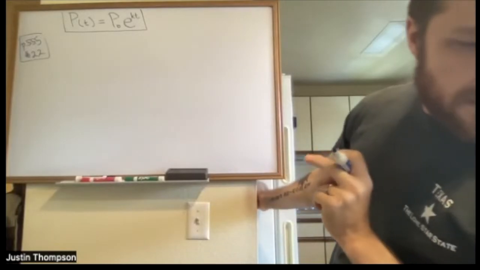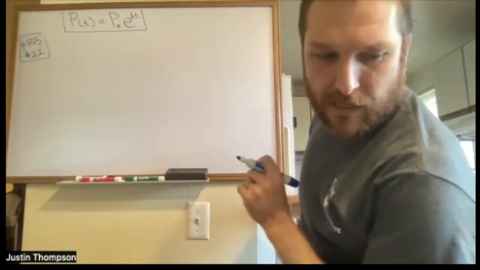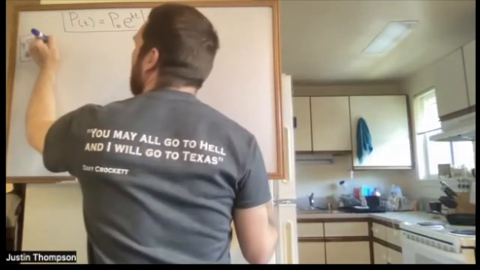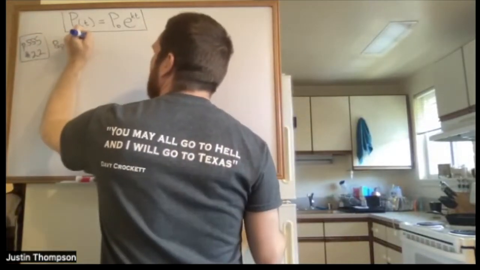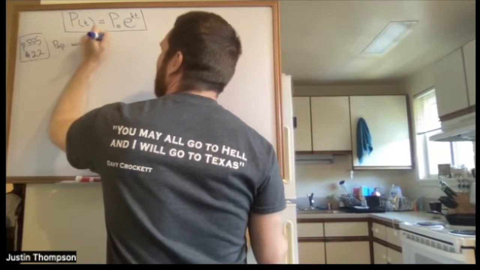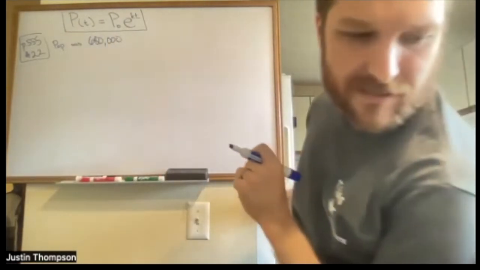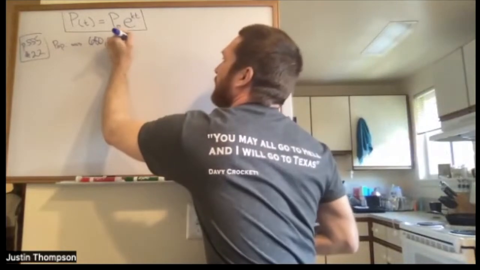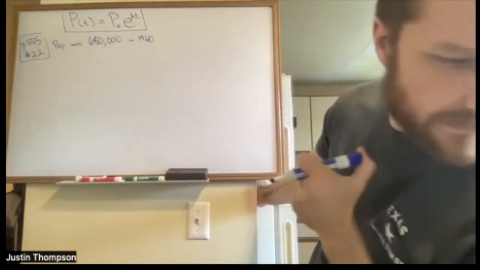And it says, the approximate population of Dallas was, so we're going to say population of a place was 680,000. Yes, 680,000 in 1960. Okay.